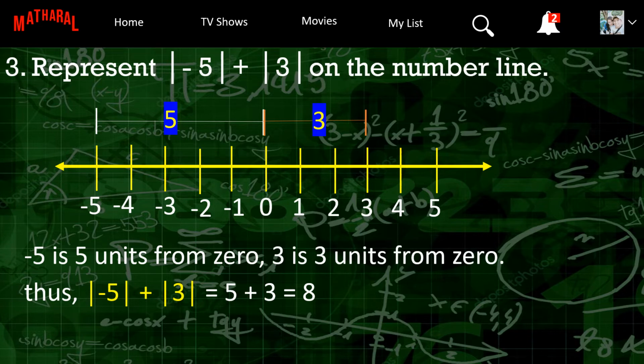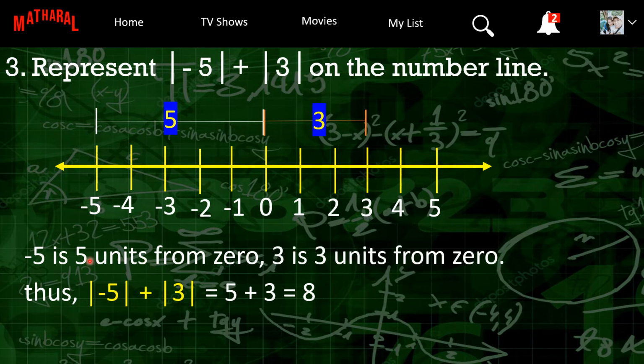So, pointing out 0 here and negative 5. Using the same concepts from our previous slides, the absolute value of negative 5 is 5 units from 0, and the absolute value of 3 is 3 units from 0.